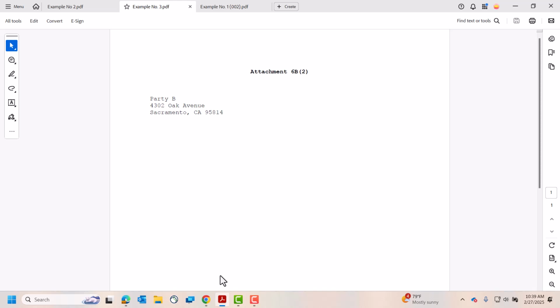Attachment 6B2 should be shown in example number 3 because fewer than 6 persons are being noticed. Party A need not use the clerk of the court's official matrix and may use a custom generated matrix.